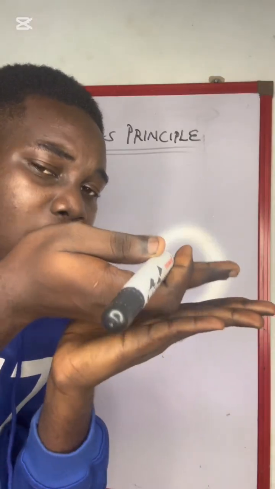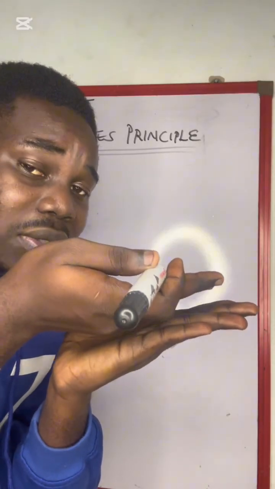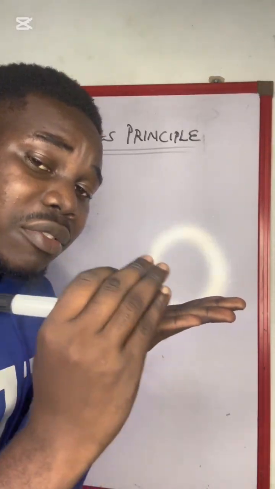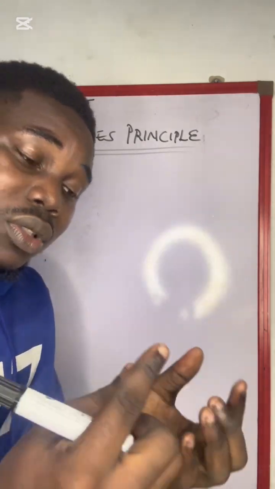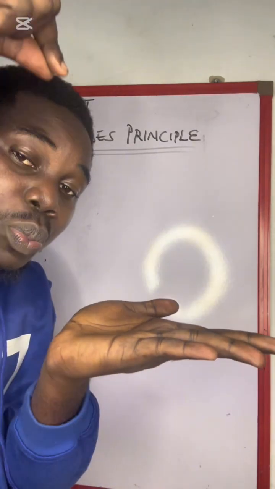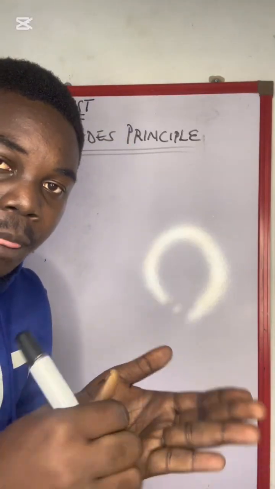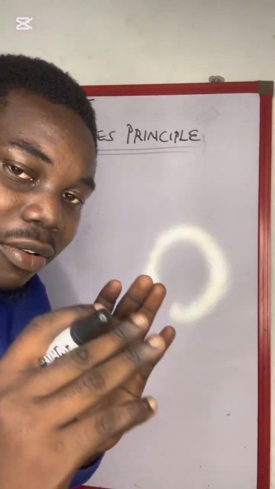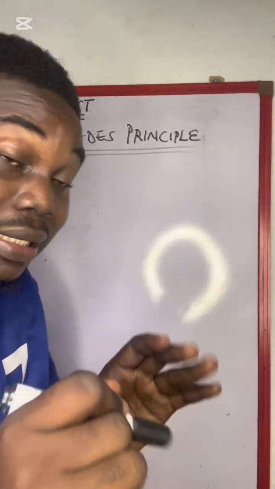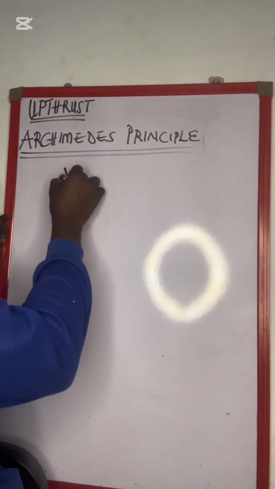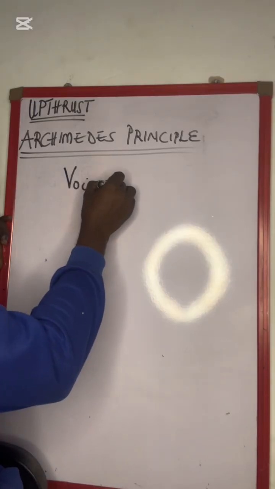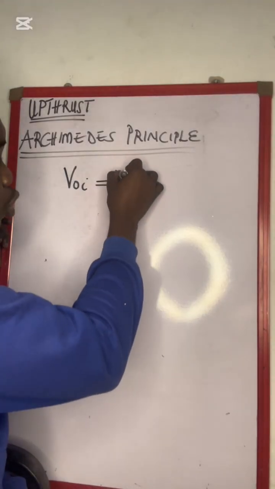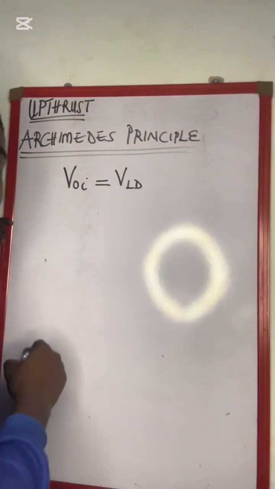Now, if you can measure the volume of that increase in water, it will be equal to the volume of the object you placed inside. By writing the formula on the board, we can see that the volume of object immersed must be equal to the volume of liquid displaced.